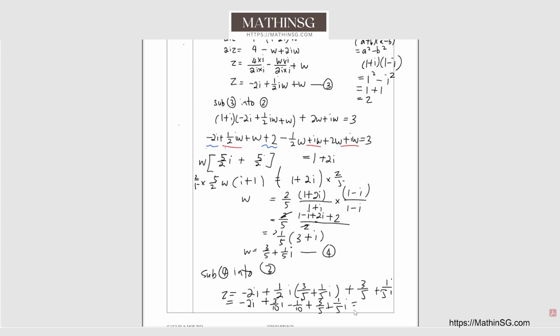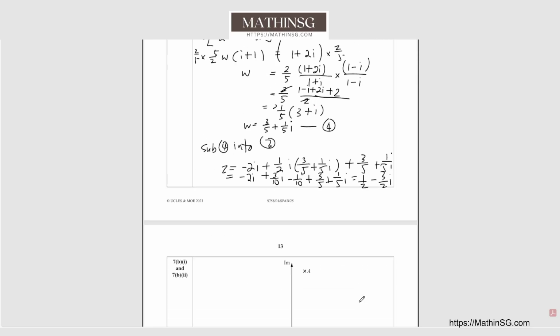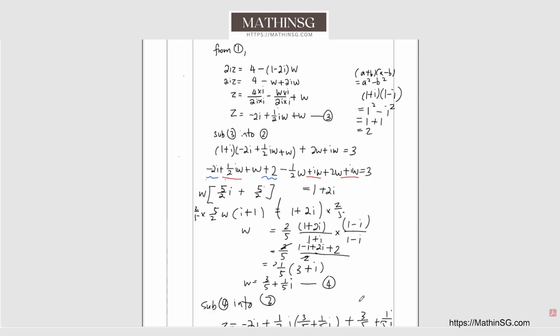Then just add everything together, simplify everything. You should get z equals half minus 3/2 i. Okay, so for this question, your w is equal to 3/5 plus 1/5 i, and your z is equal to half minus 3/2 i.